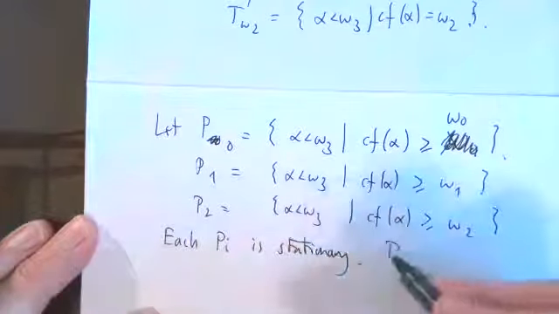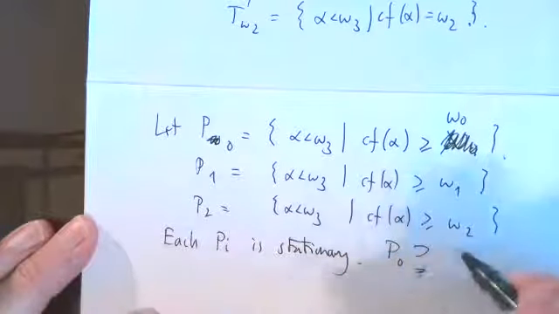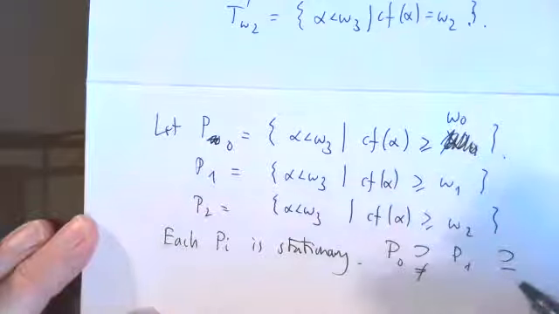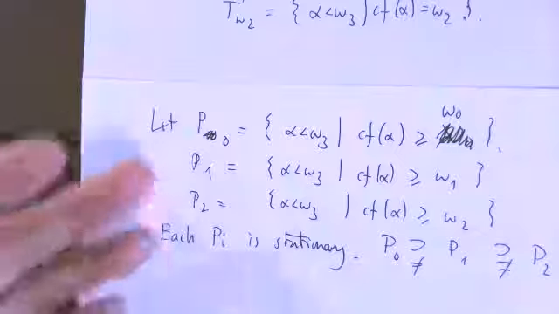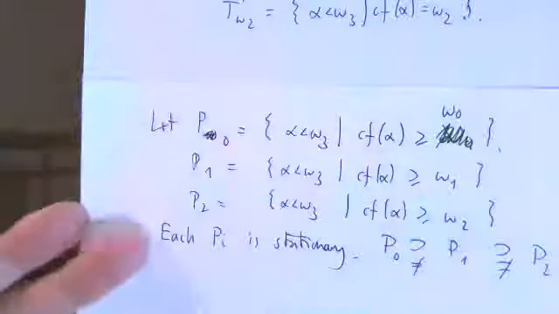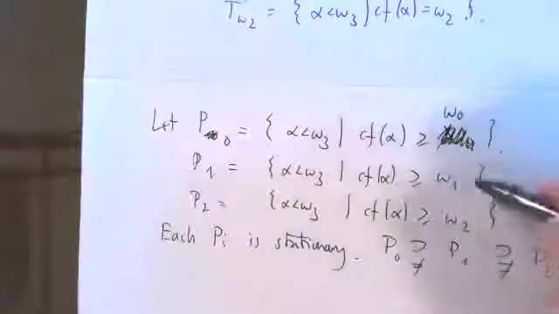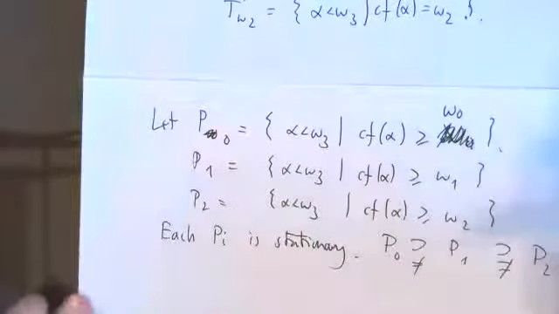But they're getting thinner, like this. Now below omega 3, I can only do this because I've only got 3 possible cofinalities: omega 0, omega 1, and omega 2. And it's smaller than omega 3.